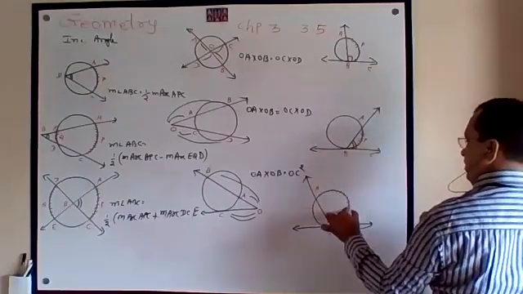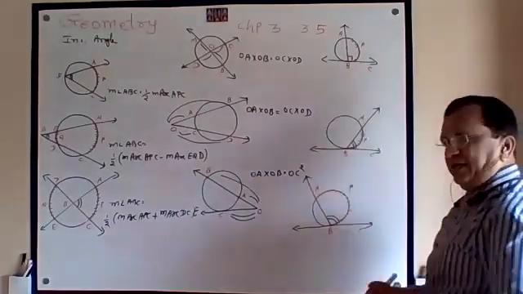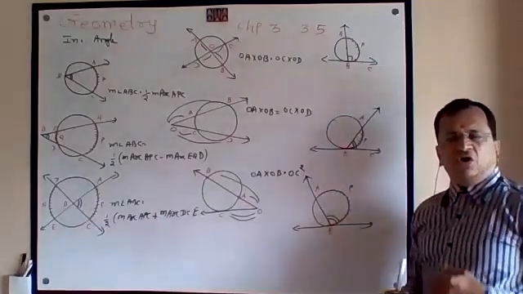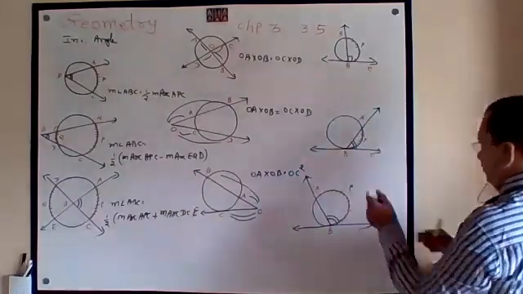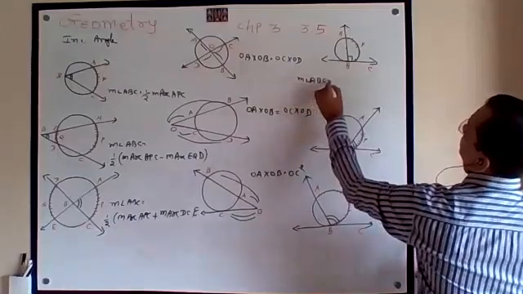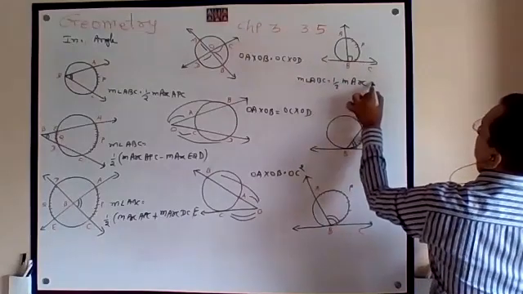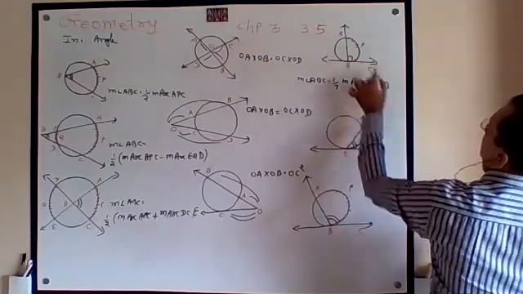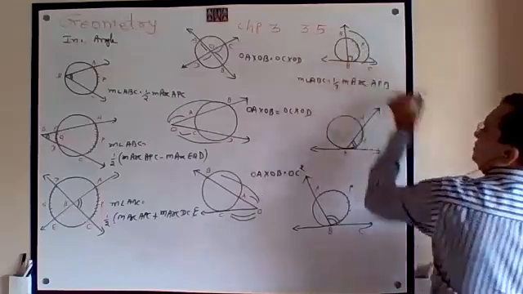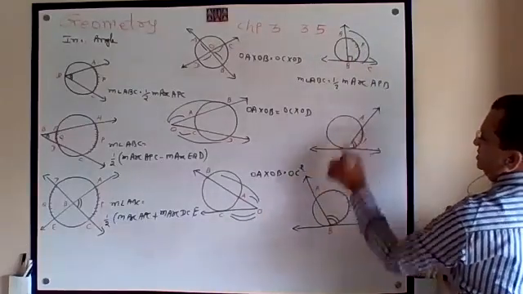This is inscribed by arc APC. So whether it is a right angle, acute angle, or obtuse angle, you have to write measure of angle ABC is half of measure of arc APB. Half of this is this angle. Now I want this, by this angle this much is inscribed.